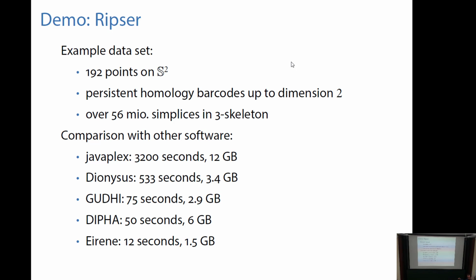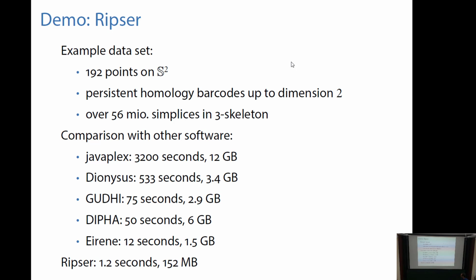So you see that in every iteration, if you want, some ideas from the previous developments have been carried over and improved. So we have a big improvement already going from JavaPlex to Eirene. And Ripser is still, again, by a factor of 10, faster and uses less memory than Eirene in this case.